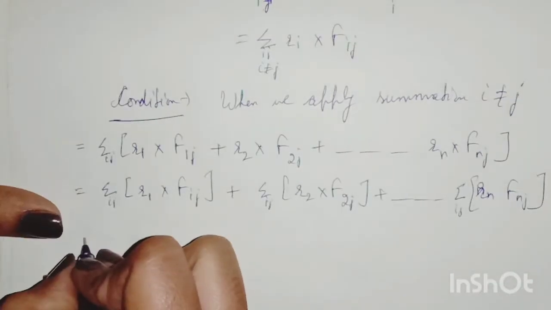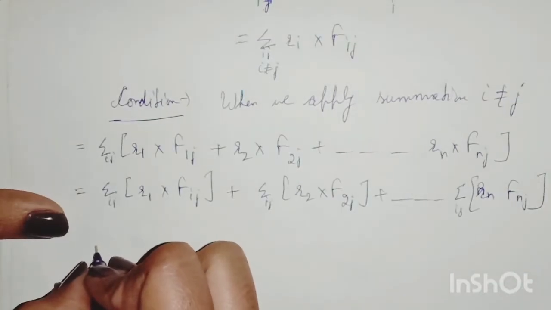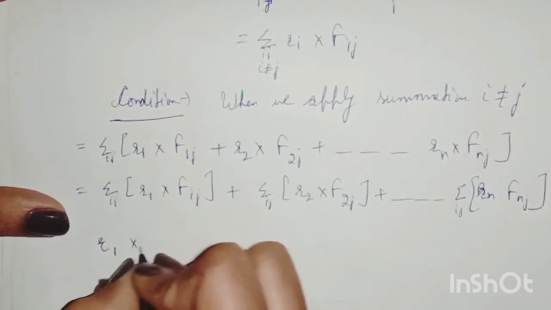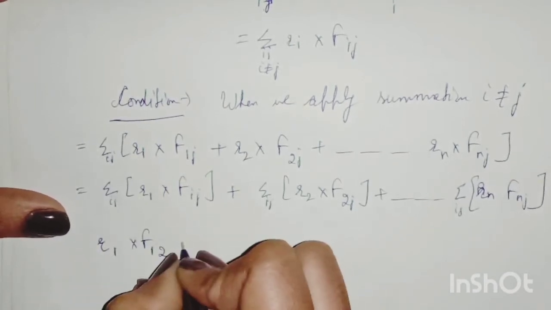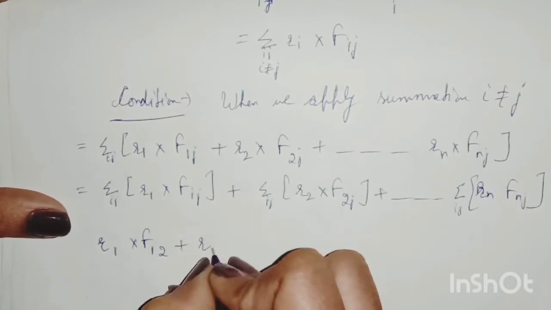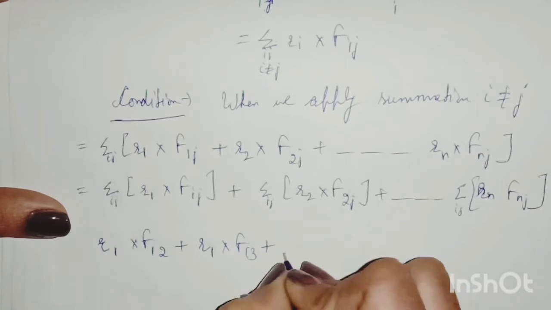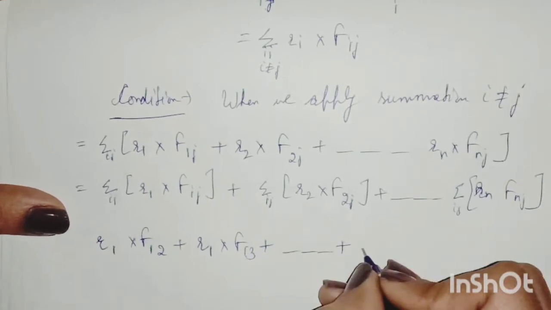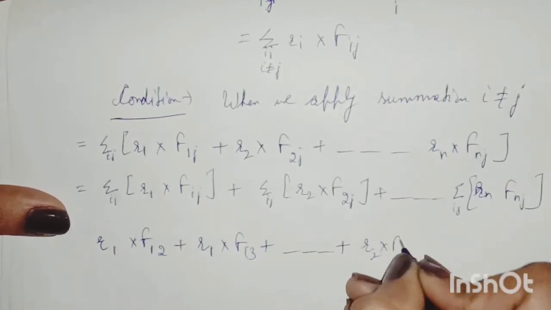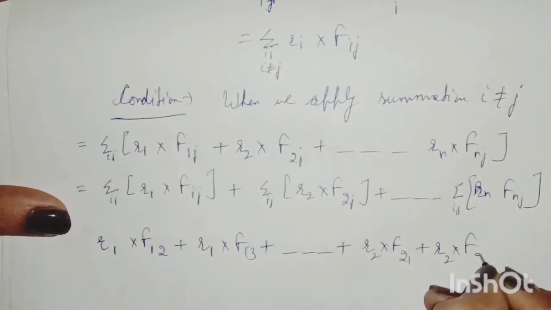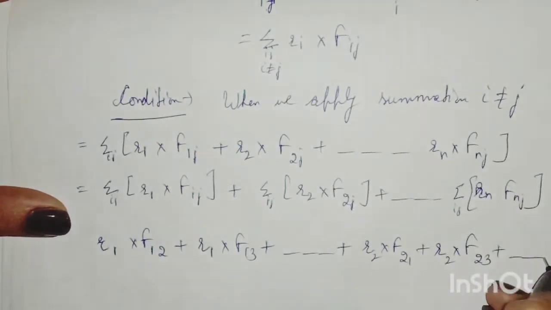So we can write R1 cross F12 plus R1 cross F13 plus R2 cross F21 plus R2 cross F23 and so on.